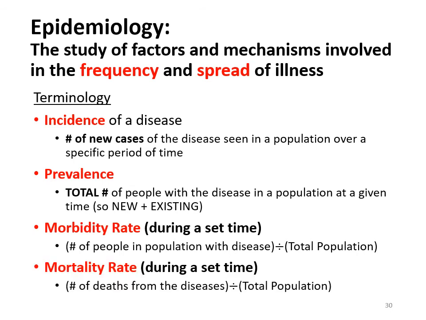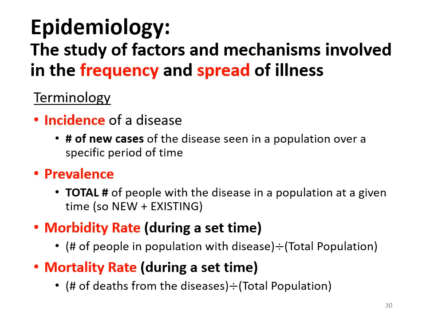The last term to know is mortality rate, and please do not get the terms morbidity and mortality mixed up, okay, because that's a very common mistake, but they're two different things. Mortality rate is simply the number of deaths divided by total population. Okay, so if I said the mortality of the infection, it would be how many people died from it, whereas mortality rate is taking into account the total population.